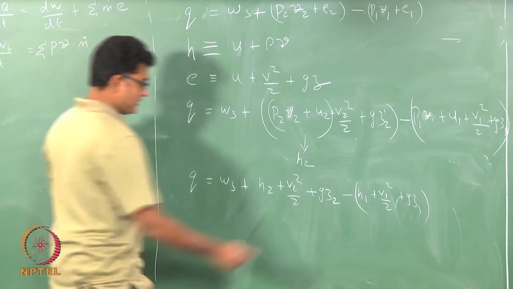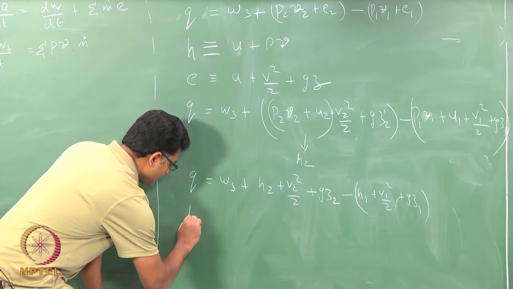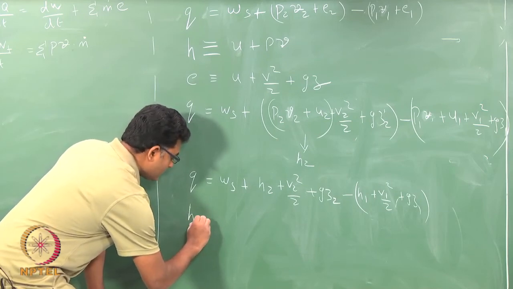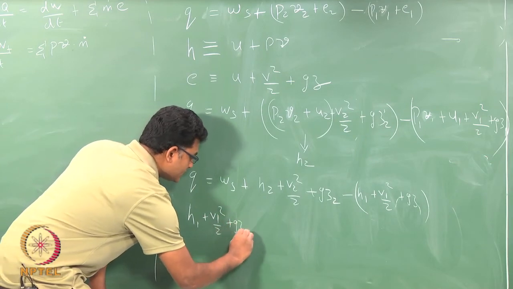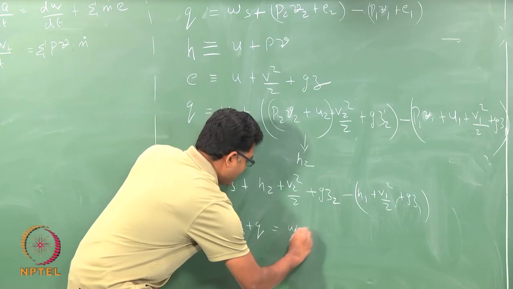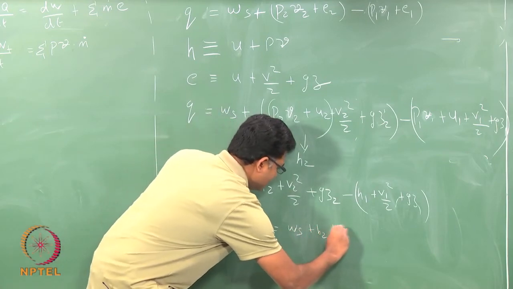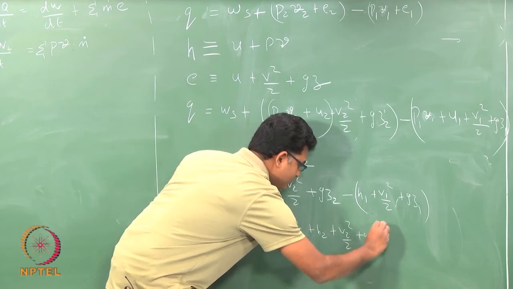Now, I take this quantity here. So, this would be H1 plus V1 square by 2 plus g Z1 plus Q equals Ws plus H2 plus V2 square by 2 plus g Z2.